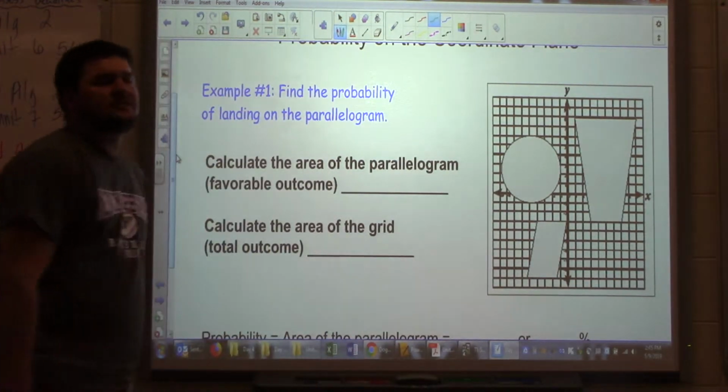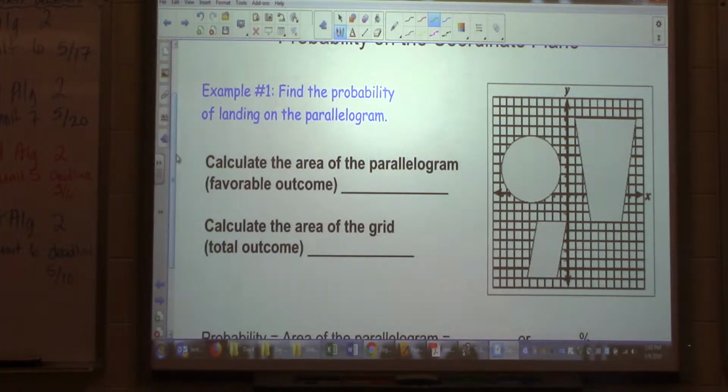So what we need to do is find the area of that parallelogram. What's the formula for area of a parallelogram? Not length times width. Height times width. You're getting closer. Height is correct.